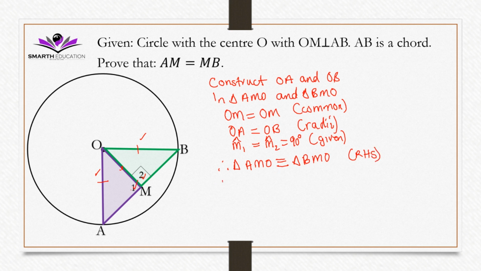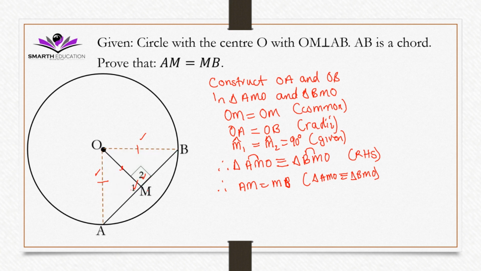And from this, we can say, therefore, AM is equal to BM. The reason is congruency, triangle AMO is congruent to triangle BMO. Done. We've proved that the line drawn from the center perpendicular to the chord will bisect the chord.